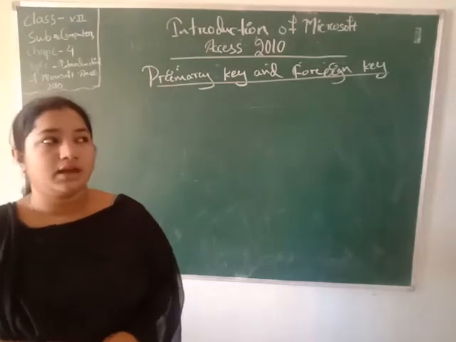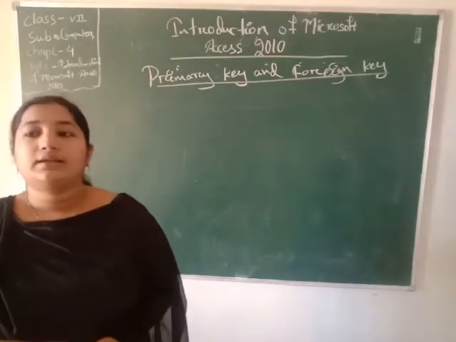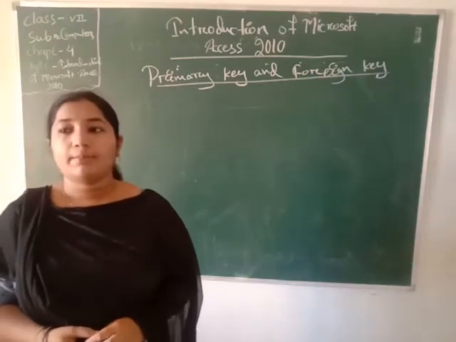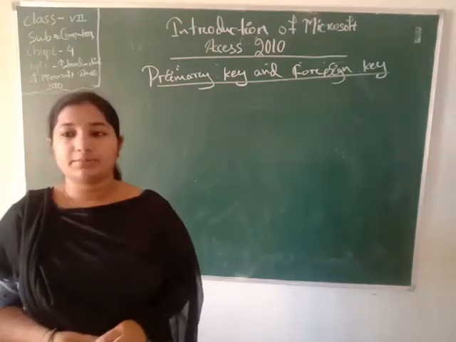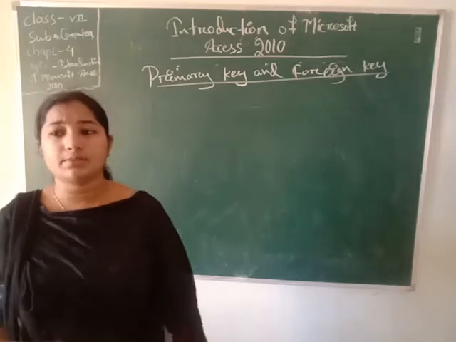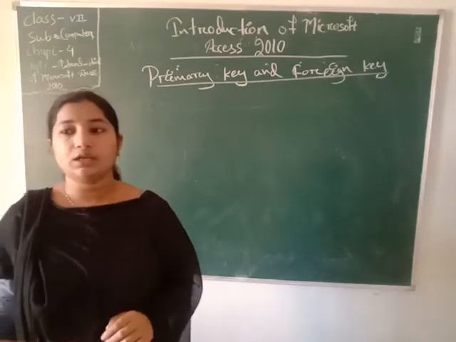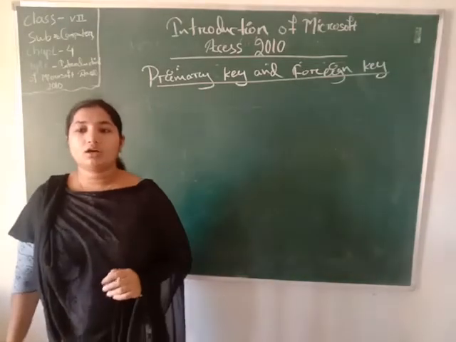Let's take an example. A customer ID field in the customers table might also appear in the orders table. In the customers table, it is the primary key as it serves as a unique link to related information in other tables.